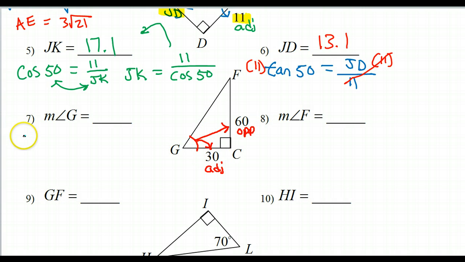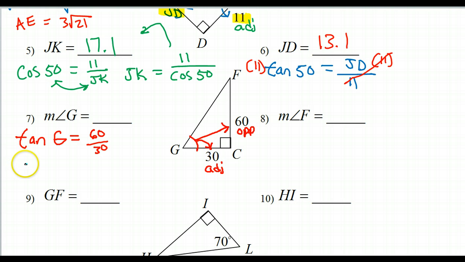Opposite over adjacent, that is your tangent function. So that means we will do tangent of G is equal to 60 over 30. That's 2, by the way.